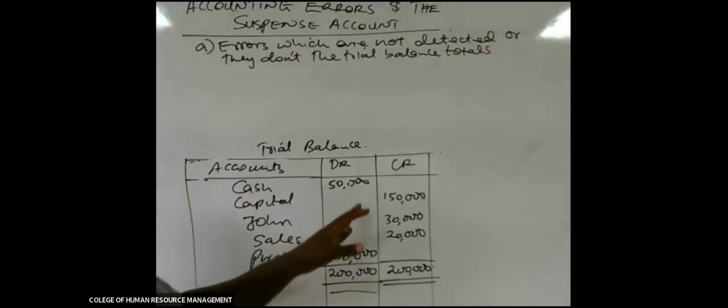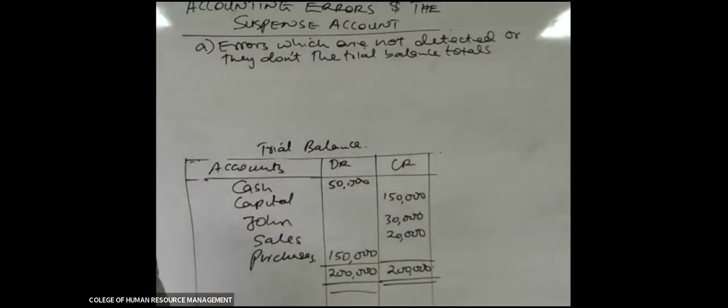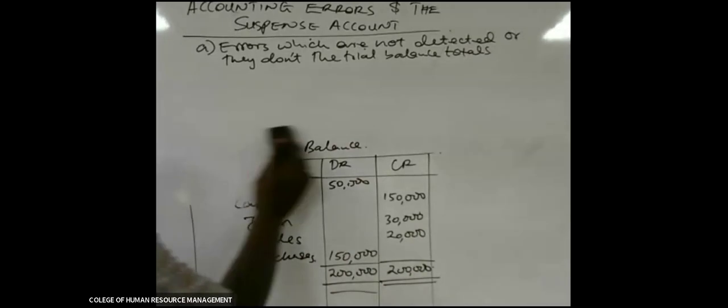So even if you have made those errors, your trial balance will still balance, in some cases or in most cases with a different total amount. That is the first one I want us to deal with. Those errors which you can make, but still your trial balance will balance, either with the correct balance or the wrong balance, but at the end of the day, it has balanced.